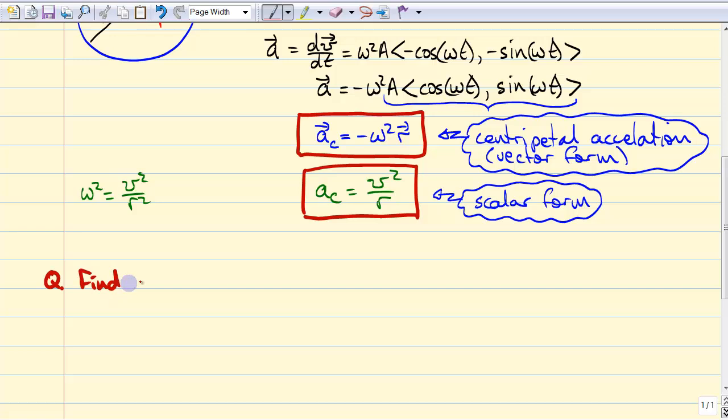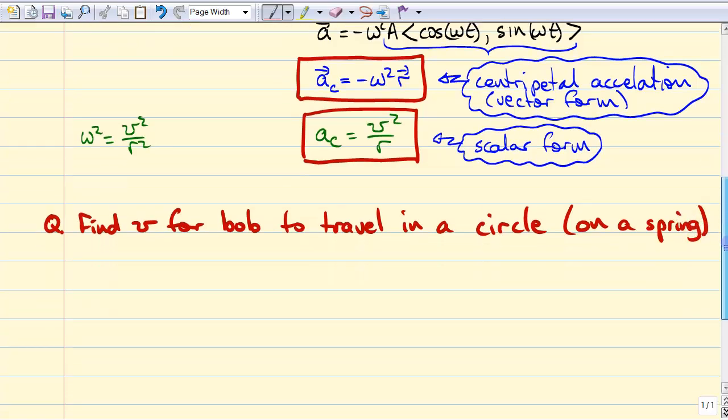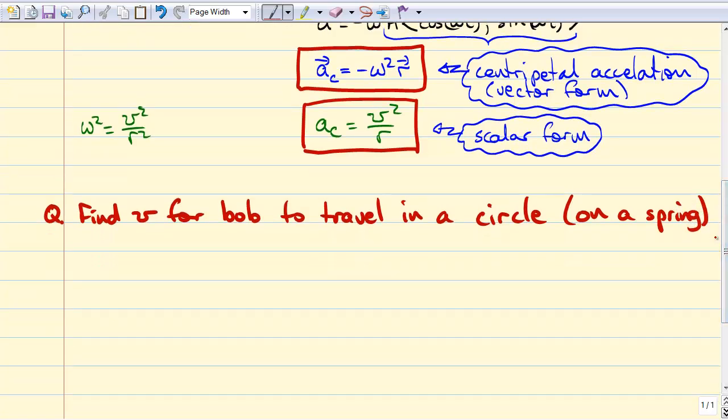Find the v that Bob needs to have, the speed for Bob to travel in a circle on a spring. Right, so the exact problem that was in our Python program.